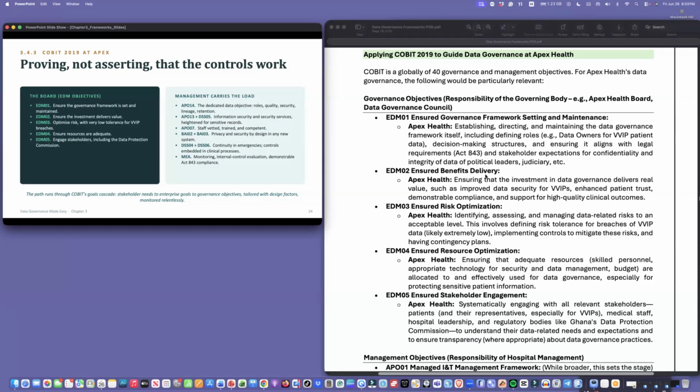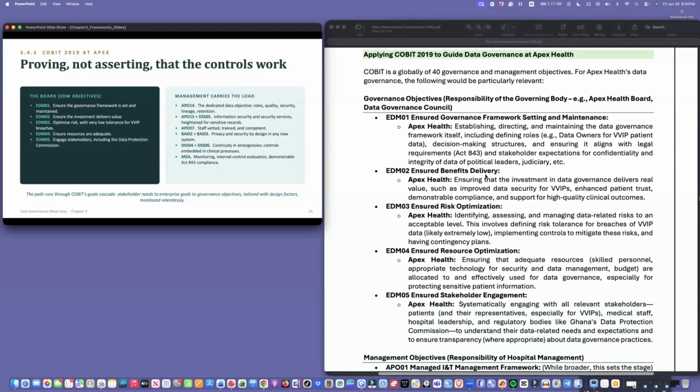They will ensure resource optimization, how we use resources to support security. They will ensure stakeholder engagement, systematically engaging with all stakeholders, internal and external ones like the Data Protection Commission, to understand data-related needs and expectations. So those are the 5 things that they will do.